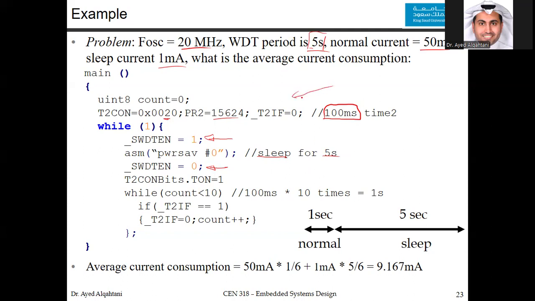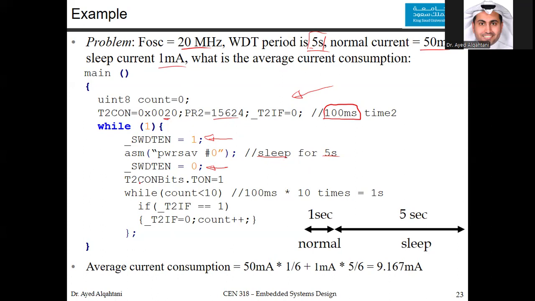Notice when you calculated these instructions, you were in the normal mode. And then you got stuck in the while loop forever. So the amount you are in the while is the dominant part. You could ignore anything before the while. So in the while, when you start, you were in the watchdog timer period of time, which is the 5 seconds in the sleep mode.